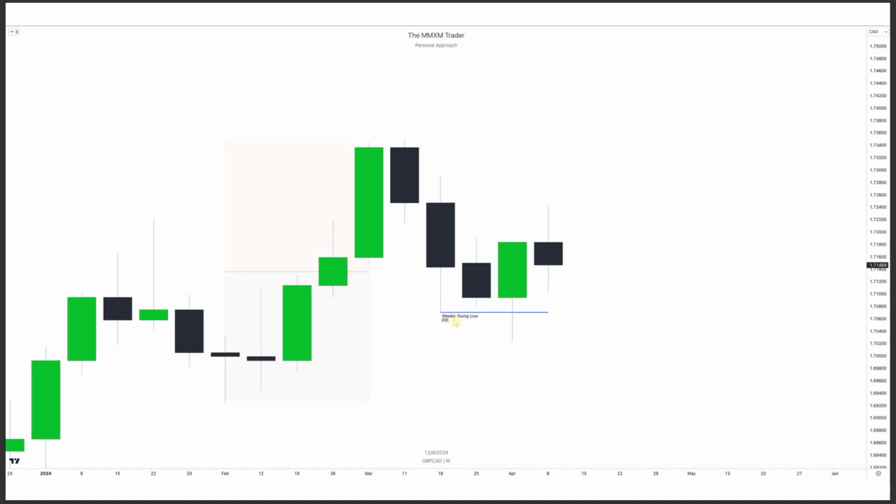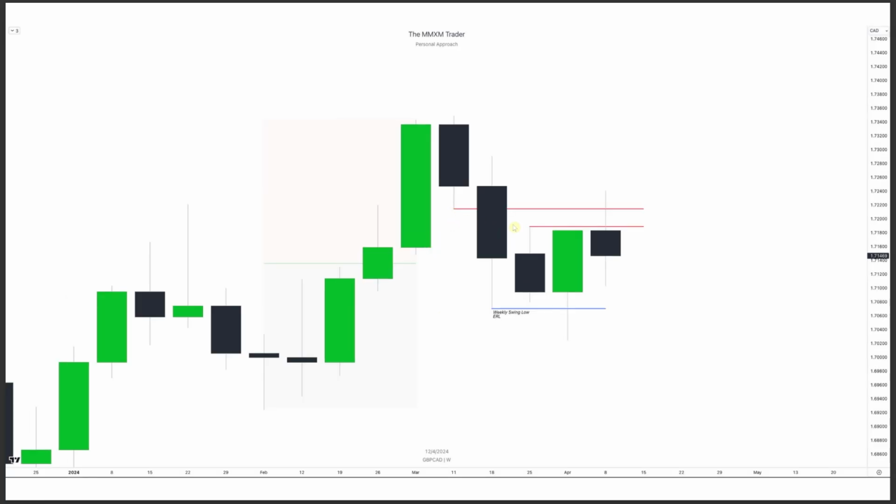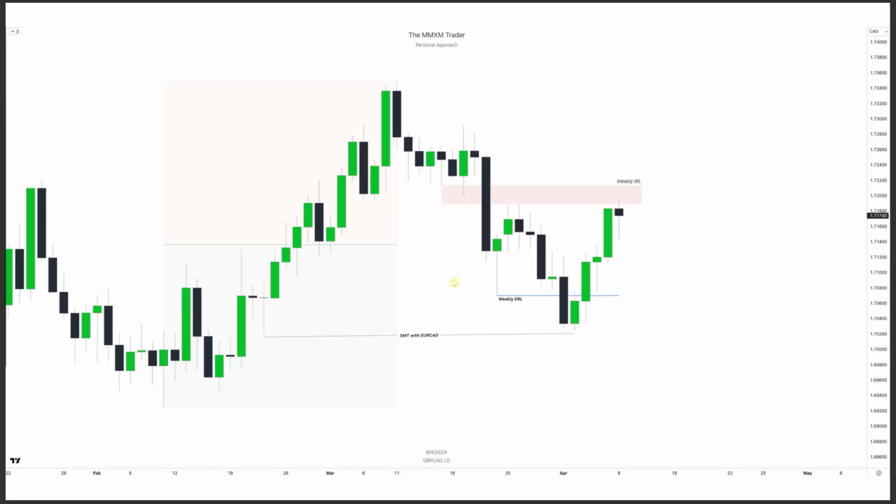First of all, we've got that weekly swing low, external range liquidity, down here. We've got us closing inside this range, and then we also have a weekly fair value gap here. So we go from external back to internal range. Now going into the daily time frame, we want to be waiting for that swing. We want to have that second candle take out the low and then close inside of the range.